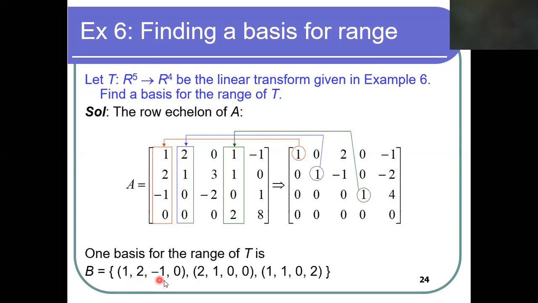If we write it in column form, it is a 4 cross 1 column vector, and if we write it in row form, it is a 1 cross 4 row. So each and every element consists of 4 elements because of R4. So I can say this is the basis for the range of the transformation or column space of this matrix A.